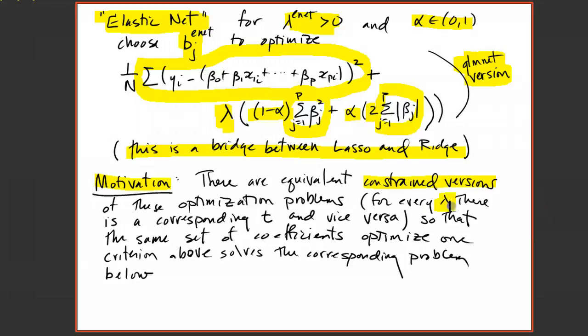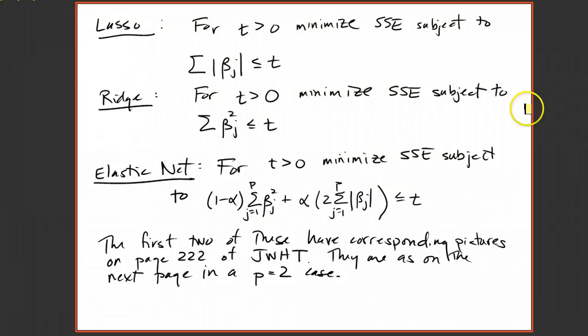For every lambda in one of these problems, lasso, ridge, or elastic net, there is a corresponding number t that I'm going to talk about in a second, and vice versa, so that the same set of coefficients that solve these unconstrained optimization problems will solve the corresponding constrained optimization problems.